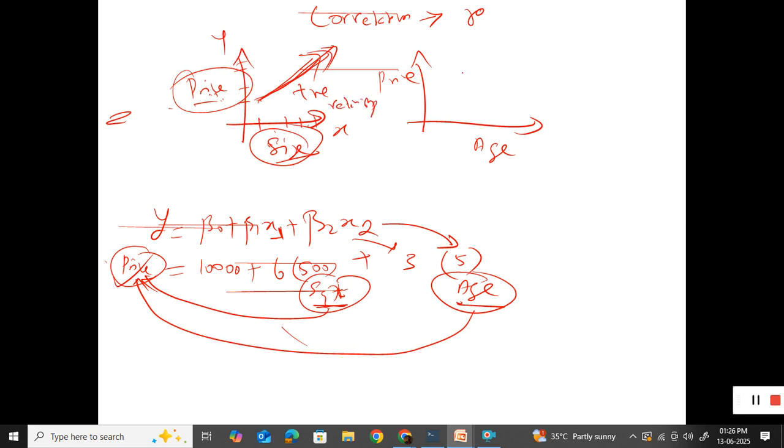Okay, fine. Similarly, as the age of the house increases, does the price also increase? No, right? Here it decreases. So if you see, when the age of the house is 1, the price of the house is somewhere here, let's say 1 crore. As the age of the house is increasing, the price is decreasing.